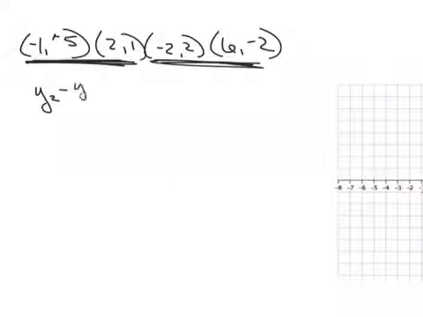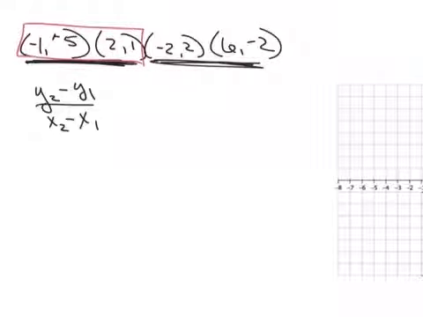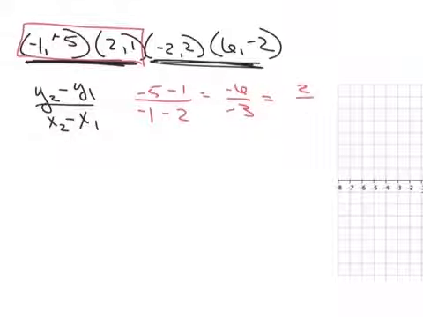Mathematically, you can figure out if they're perpendicular or parallel because we can use our y2 minus y1 over x2 minus x1. So let's use that to find the slope. So we've got -5 minus 1 over -1 minus 2. And that equals -6 over -3, which equals positive 2 over 1.